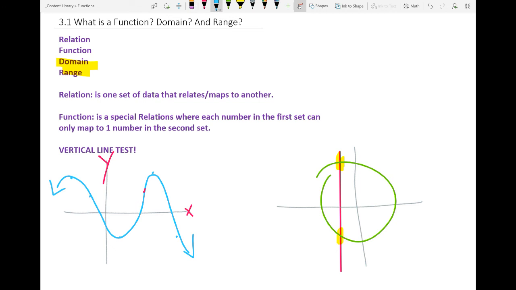Okay, and then the range is that second set of data. These are always the Y's. They are the dependent variables.